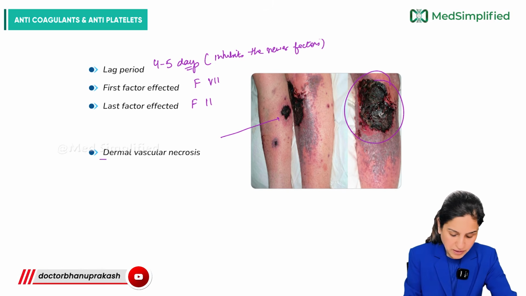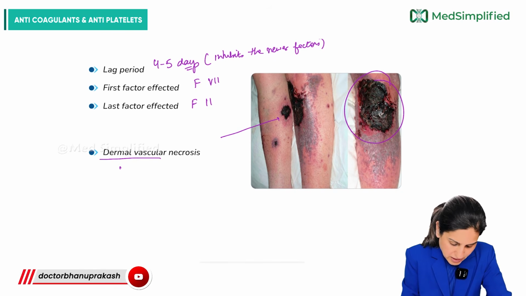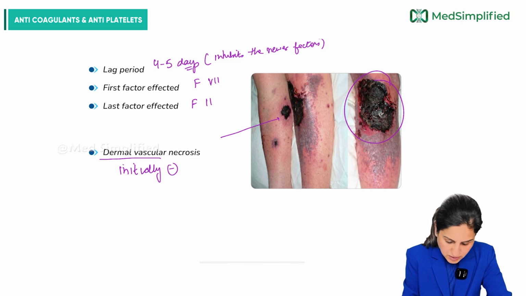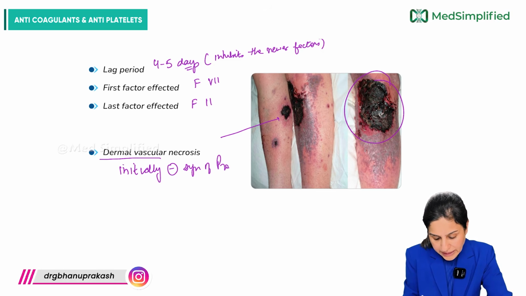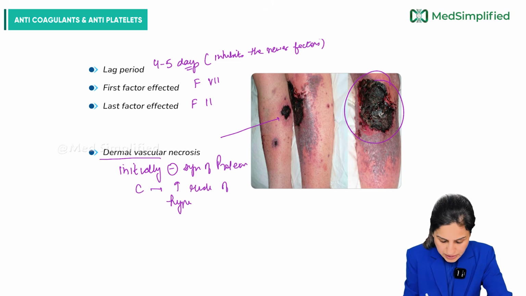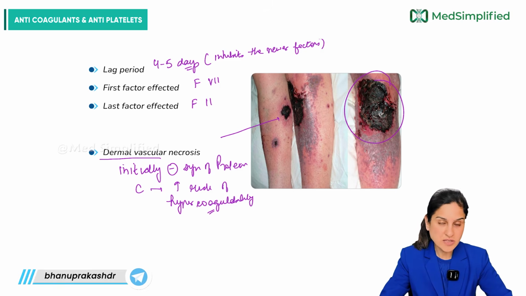This is the dermal vascular necrosis seen with warfarin, and the reason is that warfarin also initially inhibits the synthesis of protein C. This will increase the risk of hypercoagulability initially, so this problem of dermal vascular necrosis can occur.